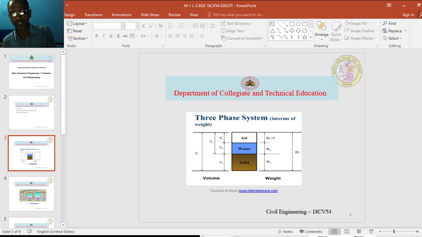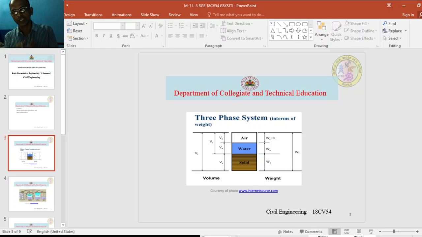If you take a known volume, let us say VT, the total volume of soil, the space occupied by the soil solid is Vs, the space occupied by the water is Vw, the space occupied by the air is Va. As air and water occupy the void space of the soil sample, it is called Vv, which means volume of voids.